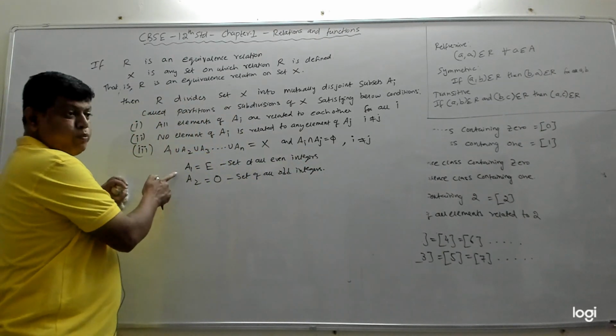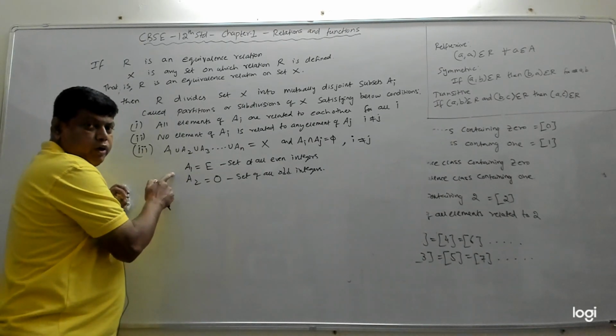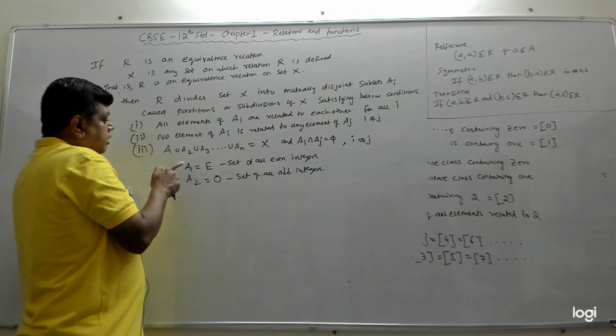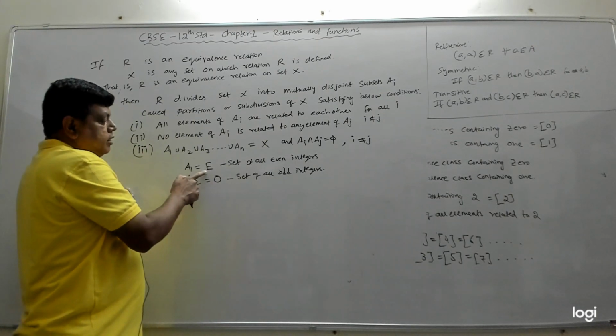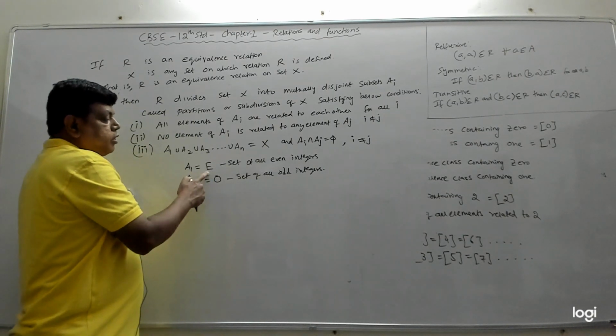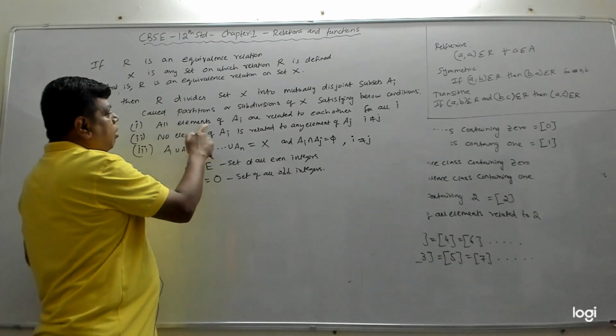Then what did we see there? We saw that every element in E, which is A1, is related to every other element in E, that is all elements of Ai.